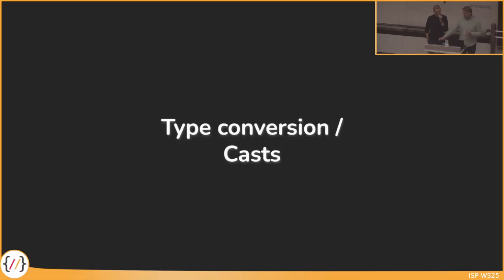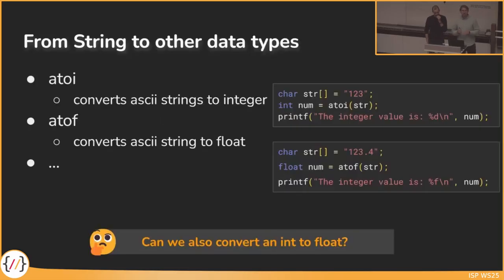What we did, we just used some functions which are provided in the C standard library. For example, we had a look at atoi, so ASCII to integer, which converts just an ASCII string, a concatenation of characters, to an integer value. And we can then just work with the integer value, which is stored in an integer variable.